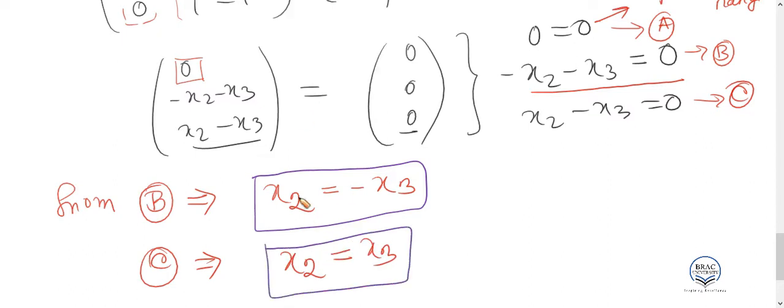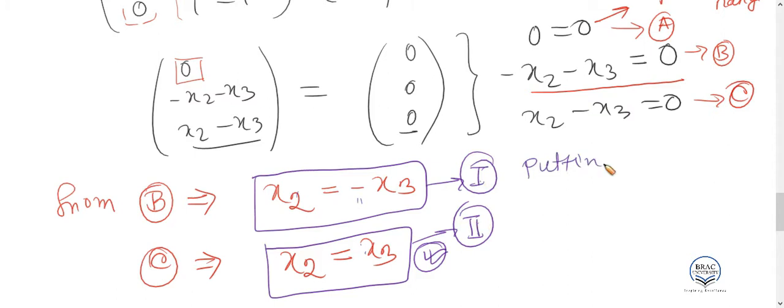So what does this mean? This means x2 and x3, both of them are 0, because if you just take a look at these two equations over here, let's call it Roman 2, and let's call it Roman 1. This guy tells you x2 and x3 are equal, but if you put 2 into 1, you'll have x2 is equal to minus x2, right?